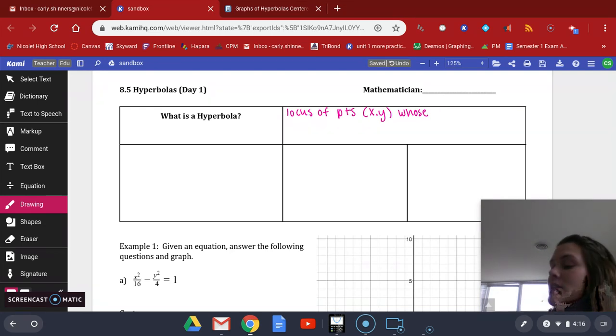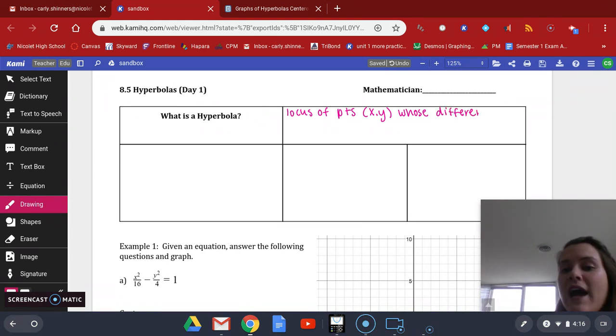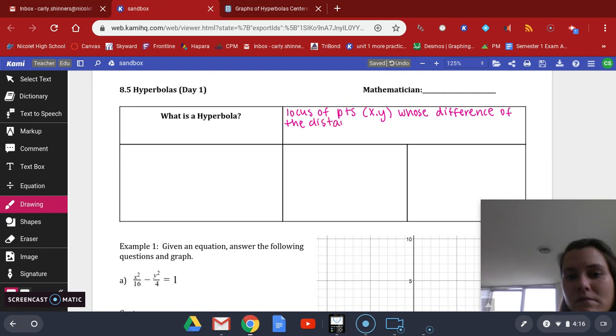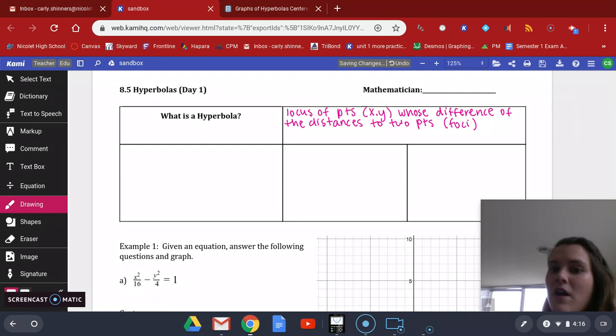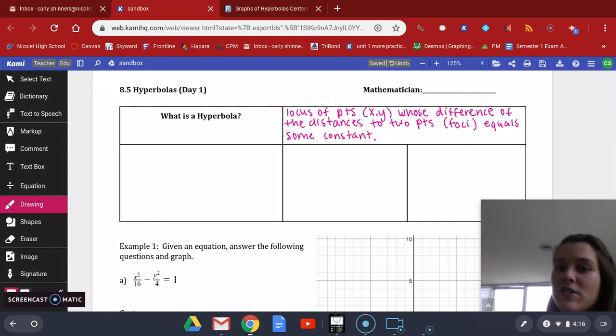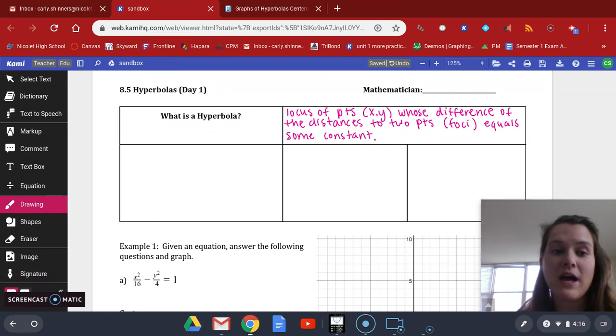So, a locus of points, the collection of points x, y, whose difference, so I'm subtracting the two distances, whose difference of the distances to 2 points. Remember those points we call the foci, those special points that aren't really points on the graph, but they help us build the graph. So it just equals some constant. Okay, so now we are subtracting two distances to get to some constant.